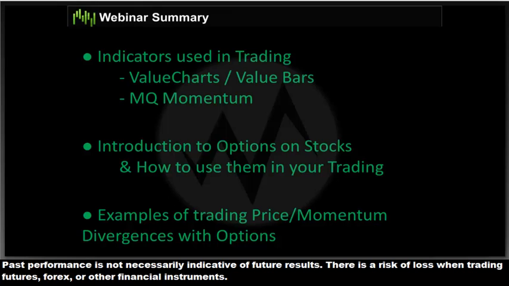Next, I'll be exploring MicroQuant's MQ momentum indicator and show you how it works. Then I will briefly touch on options on stocks and discuss how we use them to swing trade. And then we'll talk briefly about swing trading price momentum divergences on options on daily charts.